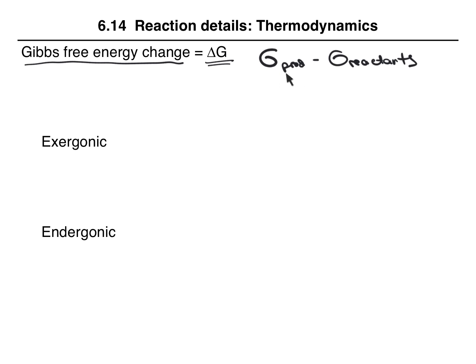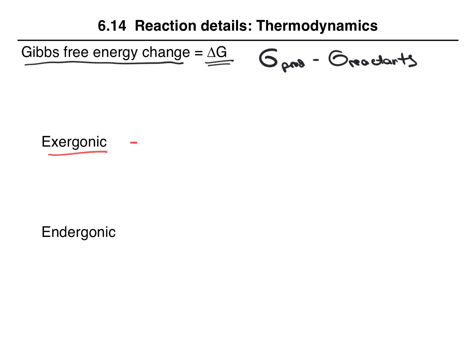So if our product is low energy, more stable, and if our reactants are high energy, less stable, then that is going to give us a favorable equilibrium because we have a negative delta G. So that would be an example of an exergonic reaction.